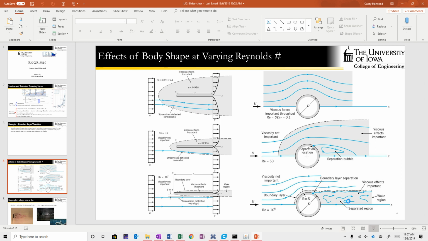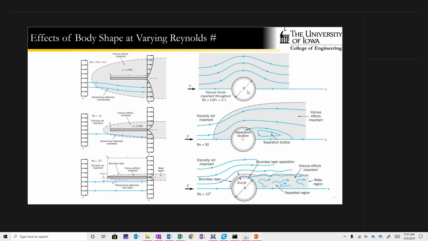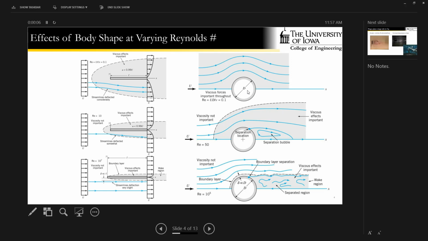Here we go. Where I said, all right, the external flow around an object is highly dependent upon, like I said, Reynolds number and the shape of that object. And we divided these shapes into two kinds of families.